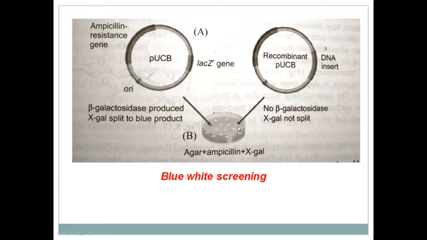So the colonies which are white in color represent the recombinant colonies. That will be clear by seeing the white colonies on a nutrient agar. So this is about blue-white screening.